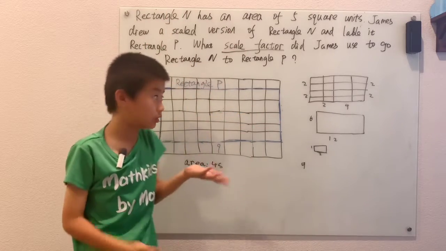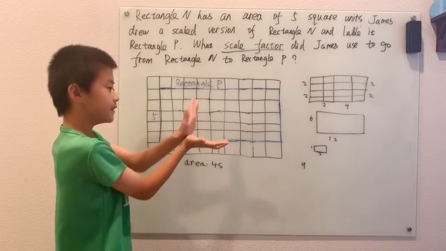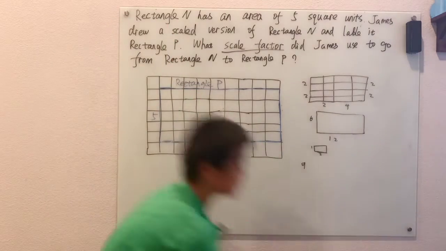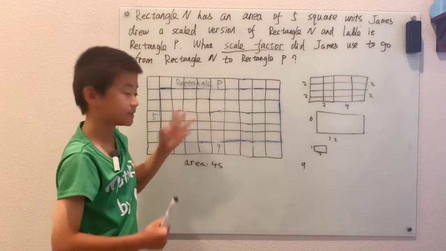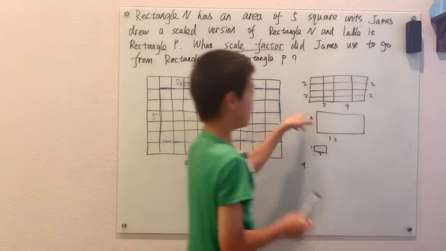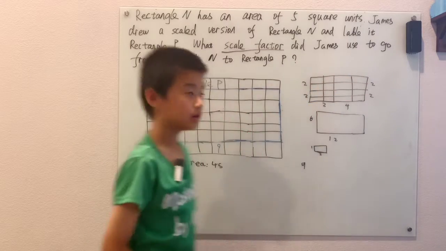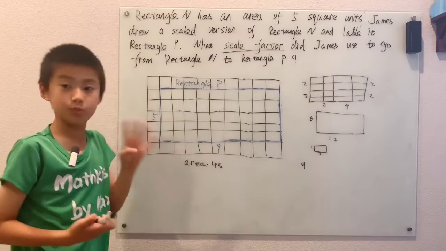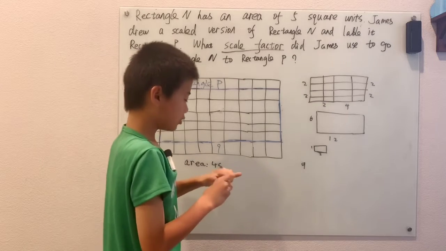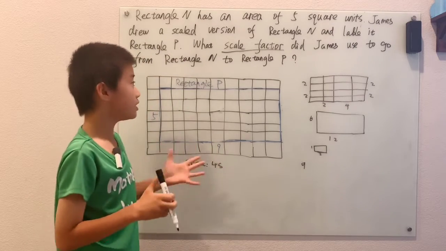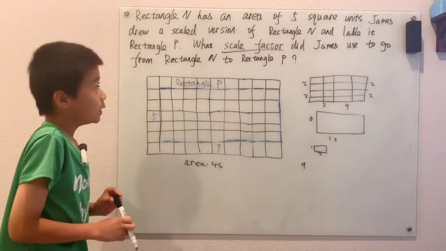Since we can only have one scale factor in a shape, the area is going to go up by that scale factor squared. So the scale factor squared is what the area really is when you use a scale factor.